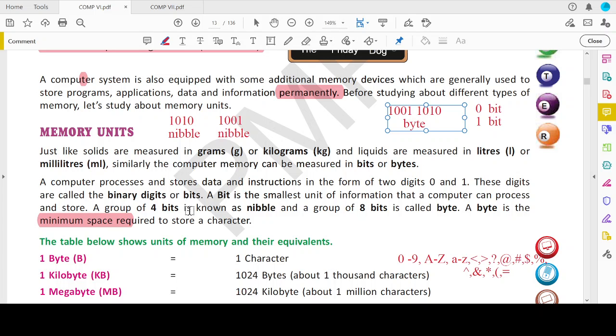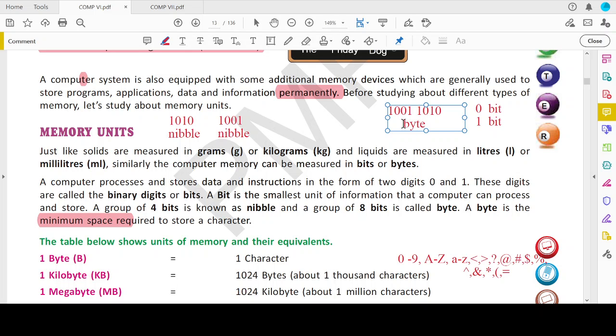A group of 4 bits is called a nibble. You can see there are 4 bits, 1, 2, 3, 4. Again 4 bits is called a nibble. A group of 8 bits is called a byte.